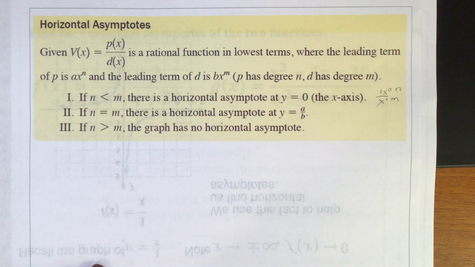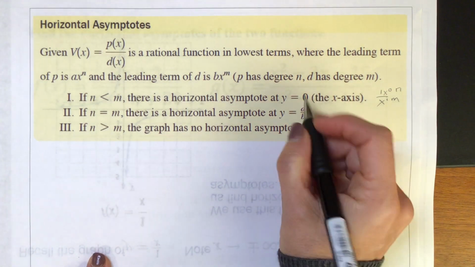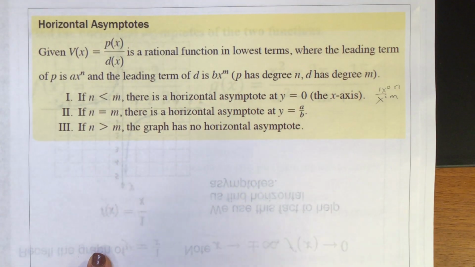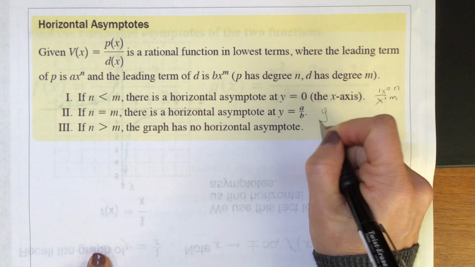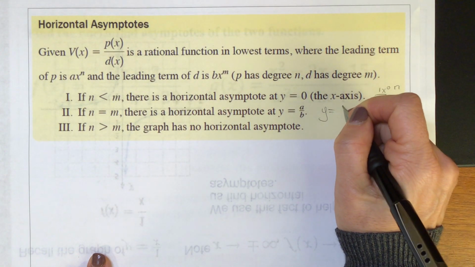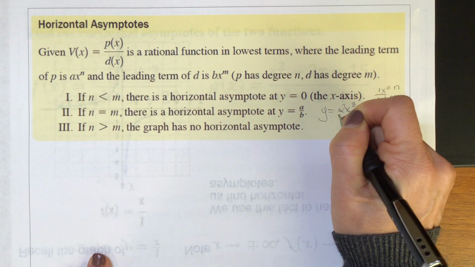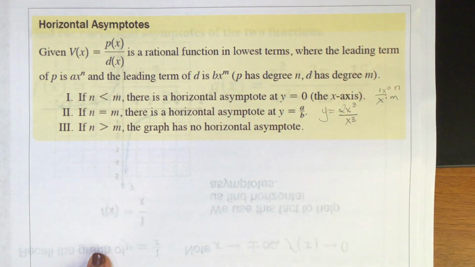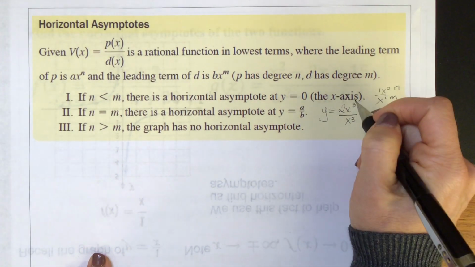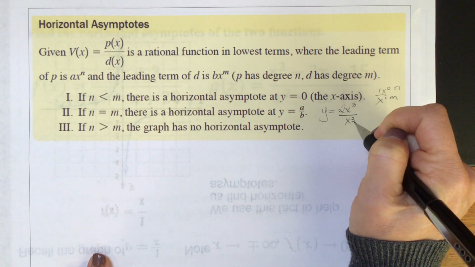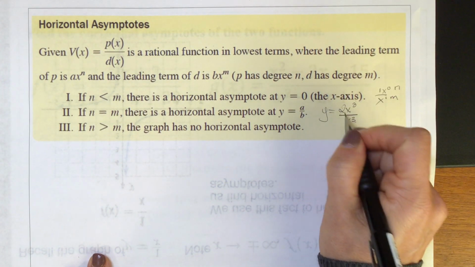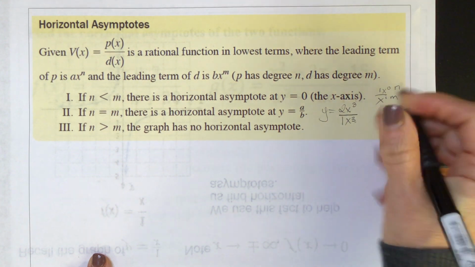Now, if my two leading exponents are equal, there's going to be a horizontal asymptote at the ratio of the coefficients. So here, I'll put an example. If we had something like 2x to the third all over x to the third, n equals m, because 3 equals 3, but this is my a term, and this is my b term.